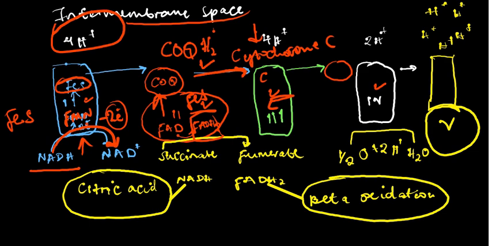And then the transfer of these electrons through complex 3 and complex 4 results in the pumping of four protons and two protons respectively into the intermembrane space. This cytochrome C is associated with the outer face of the inner membrane, like the coenzyme Q that we had talked about at this stage.